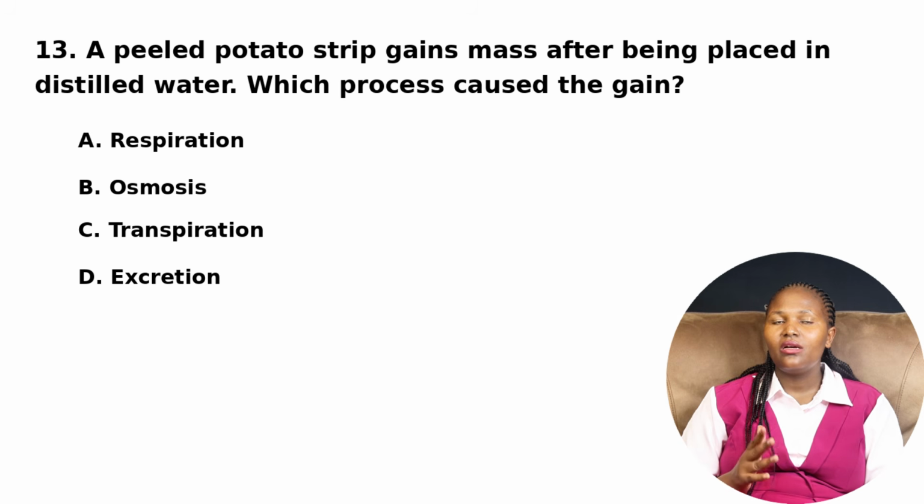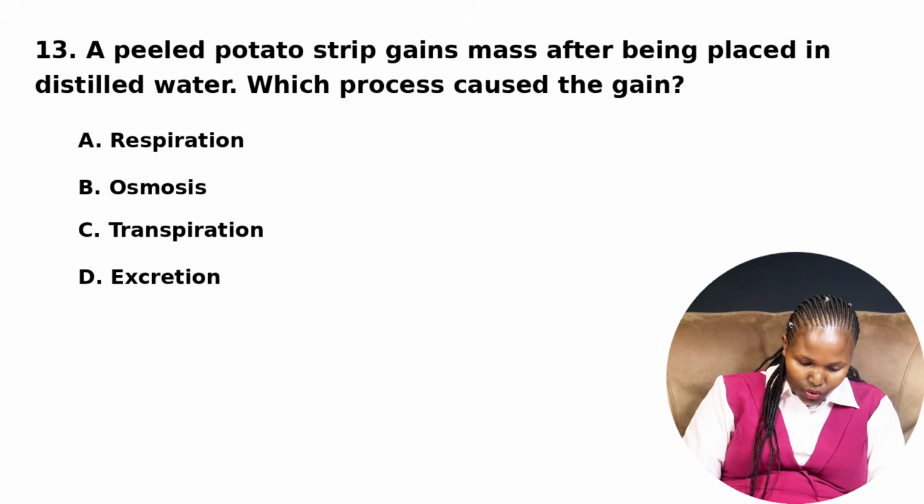Always remember that osmosis is the movement of water where there is a selectively permeable membrane. However, diffusion concerns particles moving down a concentration gradient. So when particles are moving from a higher concentration to a lower concentration, that is what we call diffusion.